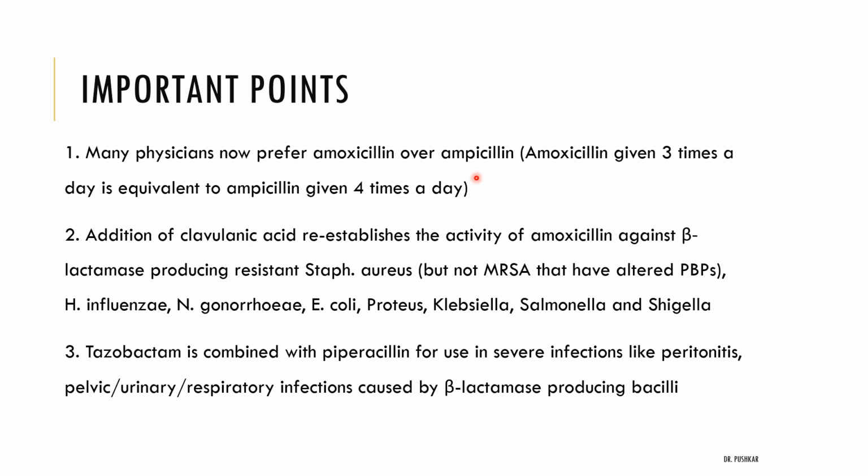So 500 mg of amoxicillin and 125 mg of clavulanic acid, so total 625 mg. So the Augmentin Duo 625 mg is a very common drug which is used against beta lactamase producing resistant Staph aureus but not MRSA, as well as in H influenzae infection, then gonorrhea, E. coli, Proteus, Klebsiella, Salmonella, and Shigella infections.